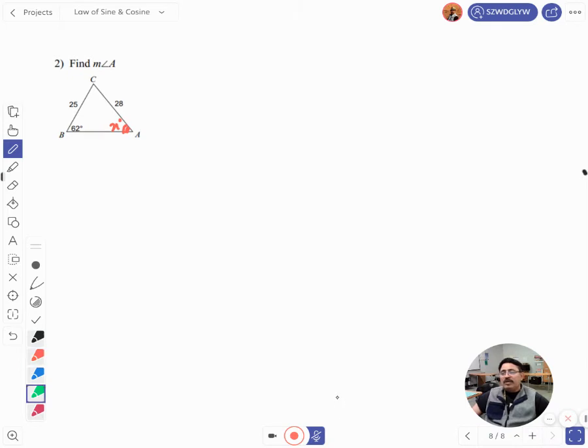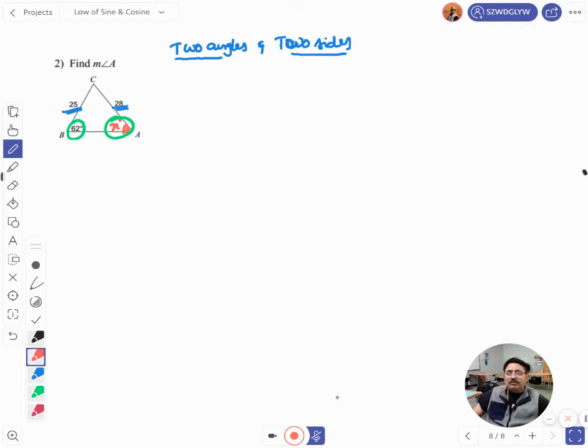As I mentioned before, I see that two angles and two sides are involved. Therefore, think for a moment, it is the sine rule.